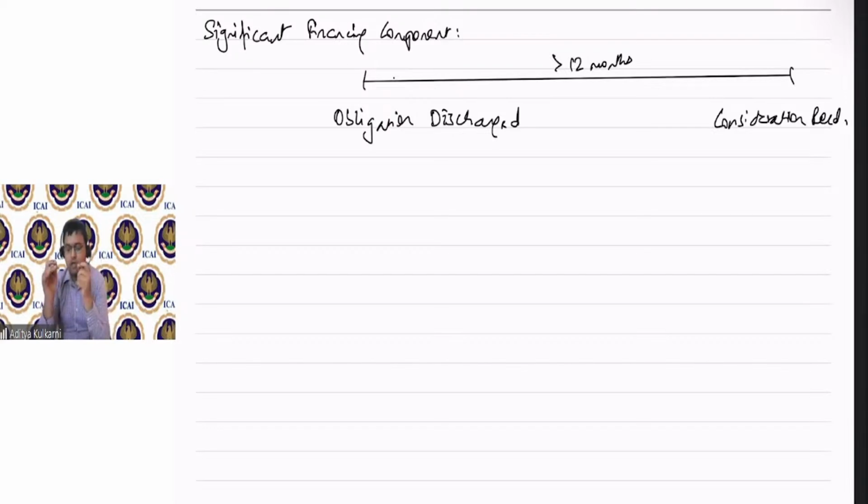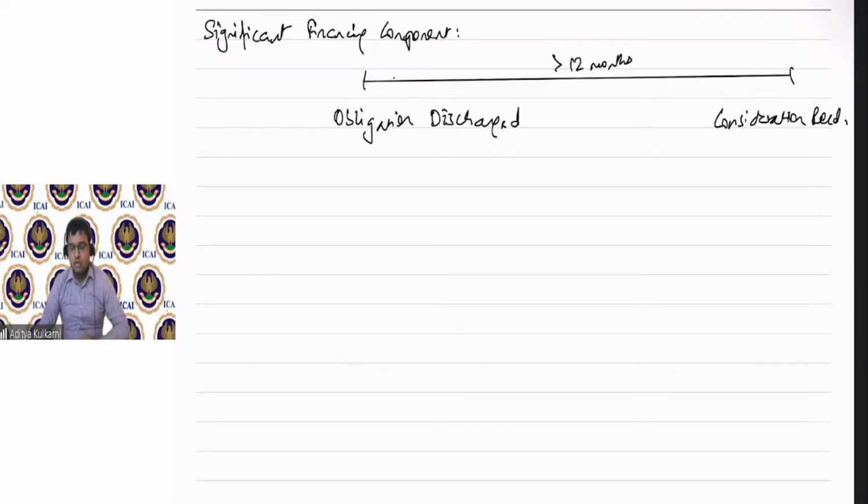First is booking of the revenue, and the next one is booking of the finance cost. It could be income for the seller if the seller is financing the customer, or an expense for the seller if the customer is financing. Whatever it is, the finance cost needs to be recognized.